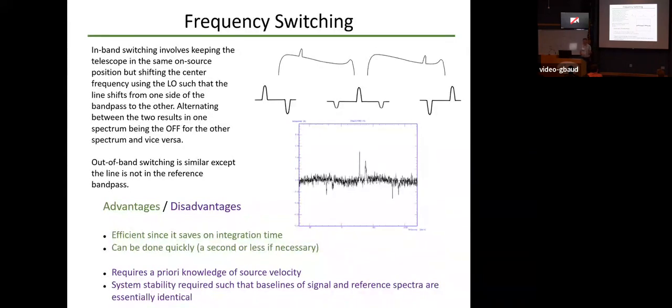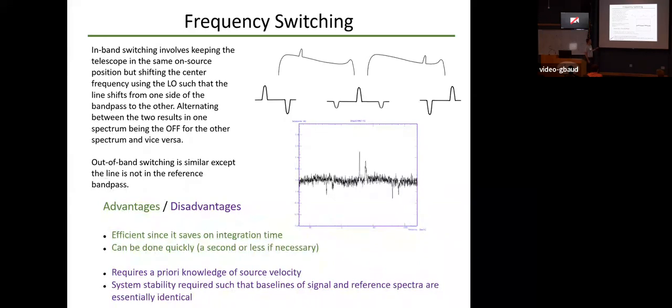Temperature from the atmosphere, etc. Advantages for frequency switching are that it is efficient, because in in-band frequency switching you are always observing your spectral line, so you are on source 100% of the time. And it can be done very quickly. The system can switch between these two frequencies on the order of a second or a couple seconds. The faster you switch, usually the better you're taking out these instrumental uncertainties.